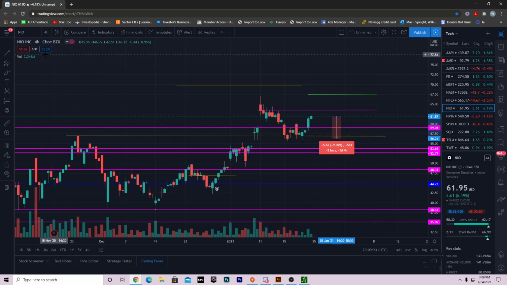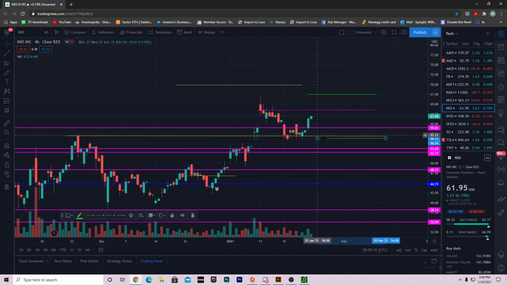So we can go right here. Now this move down 5.59 is going to give us right here. So the market makers want it to stay in between this range right here. You see the top of this range is at around $67, $68. The bottom of this range is around $56, $57. So this is the range that they want it to stay in between.